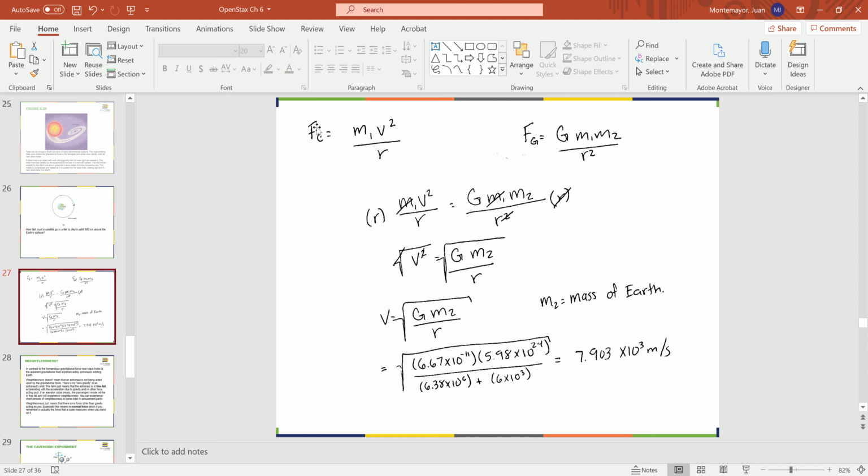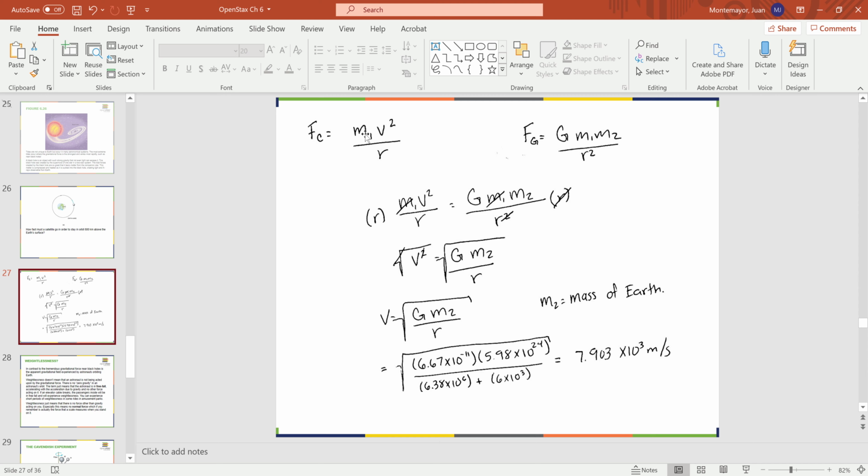So we bring in our Fc, the centripetal force, mv squared over r. But we're also talking about the Earth, right? And we just said that we can use this equation here, even though we're on Earth. So we have one force and we have another force, so we can go ahead and set them equal to each other here.